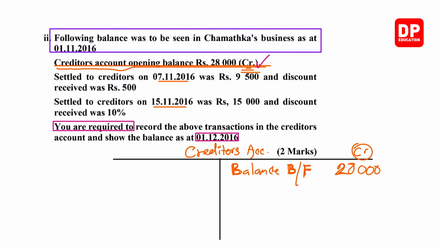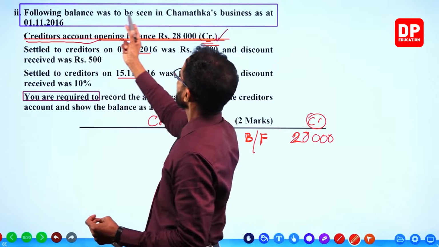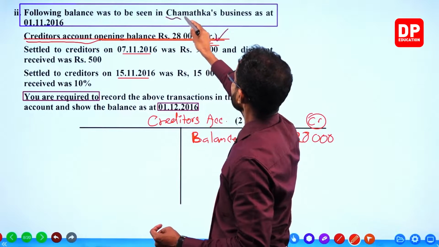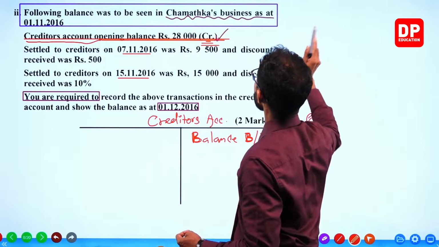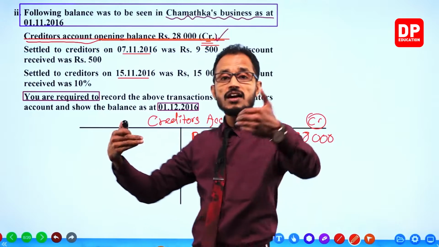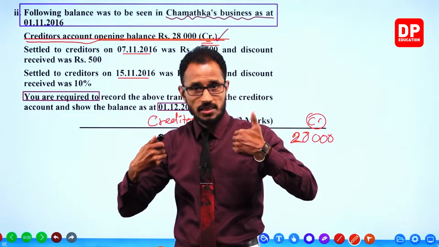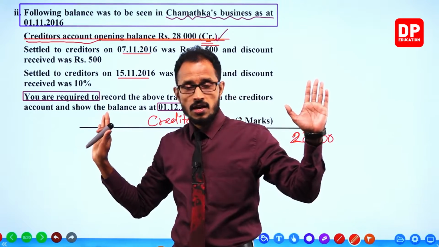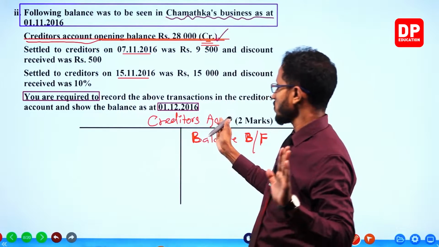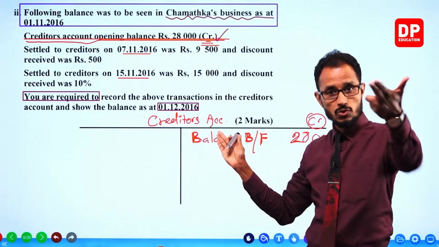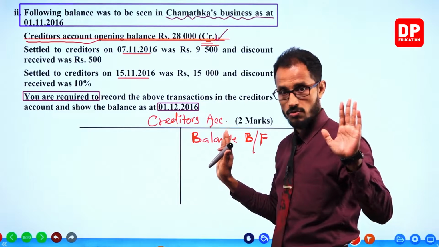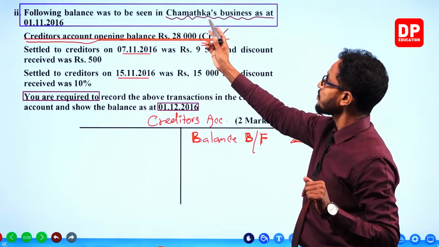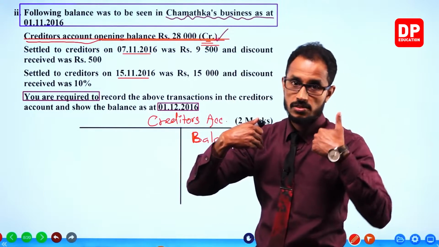Now we have settled. This is Chamatka's business, and we are the bookkeepers of Chamatka. This creditors account we are preparing, you and me, on behalf of Chamatka, the business owner.